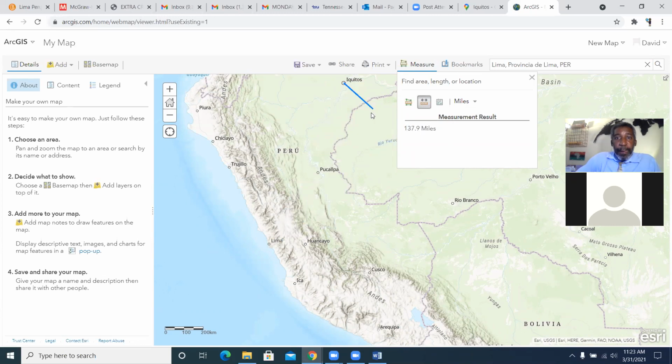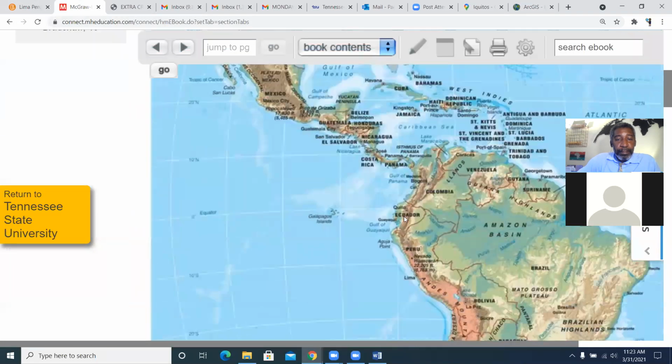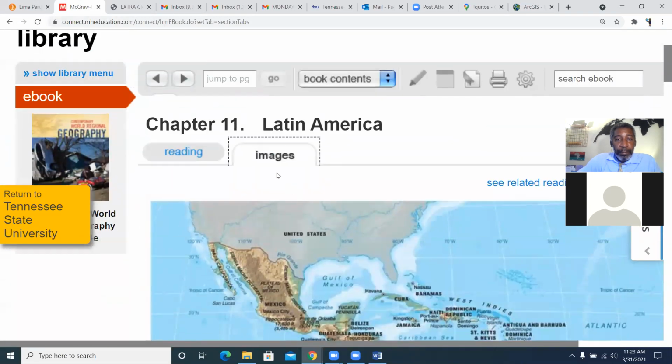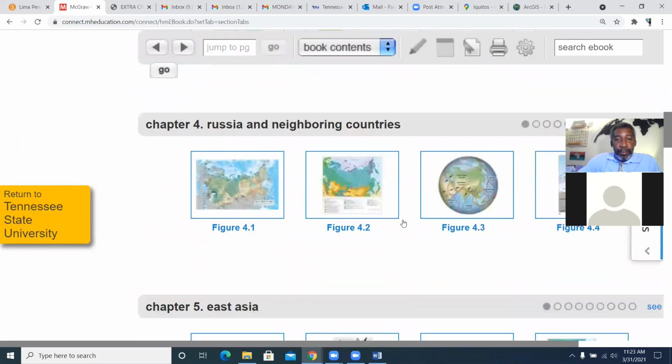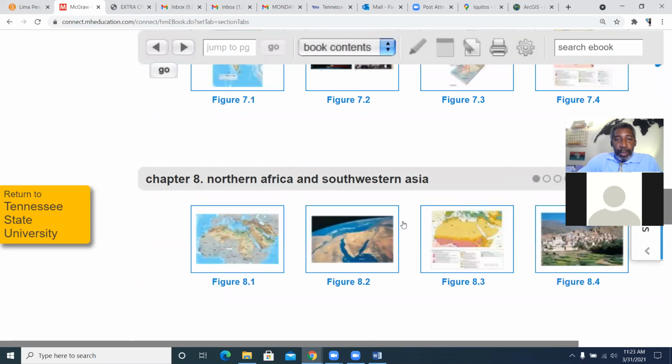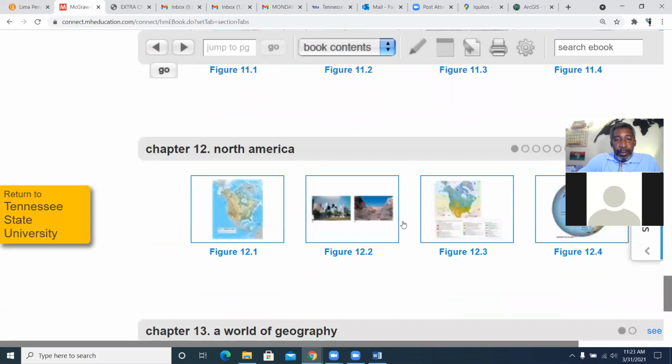But we noted that, if we go back to the climate map, I think North America is included.